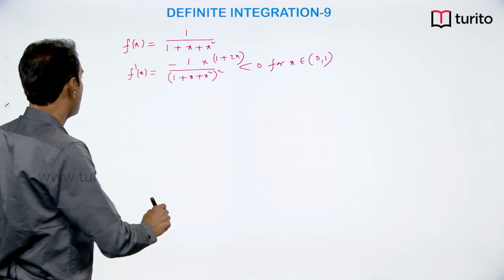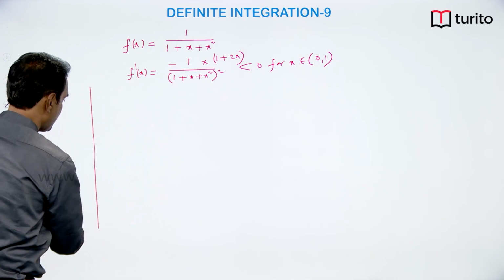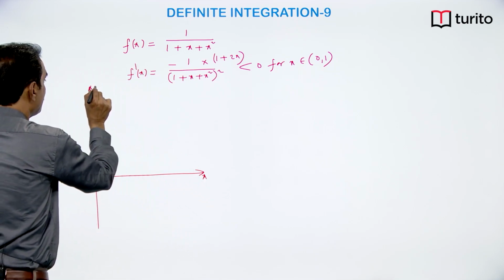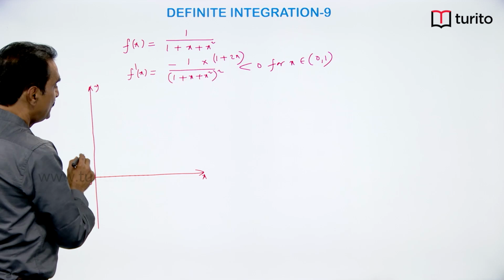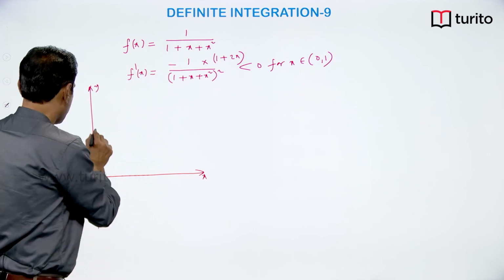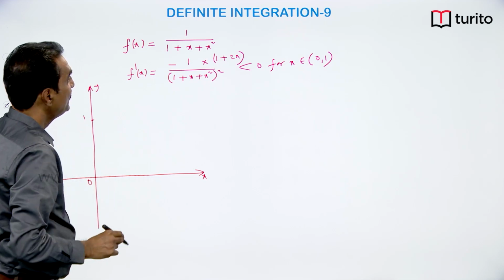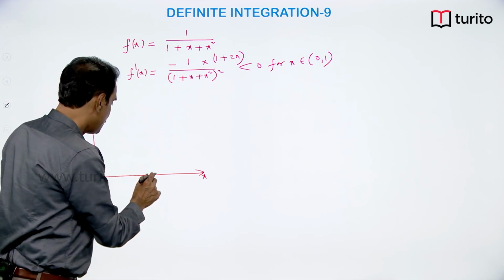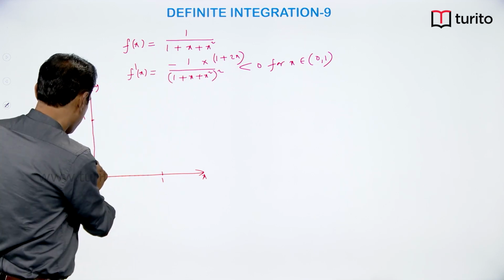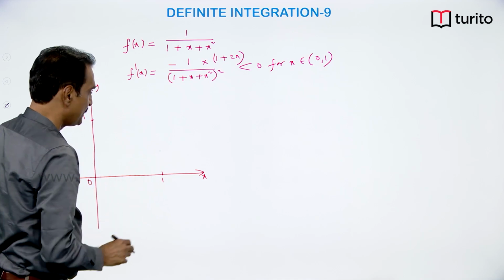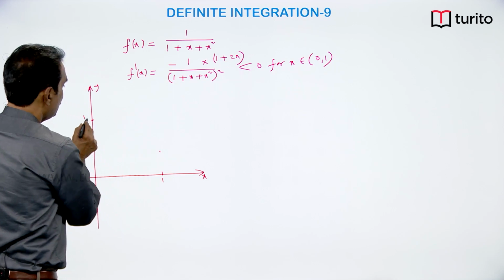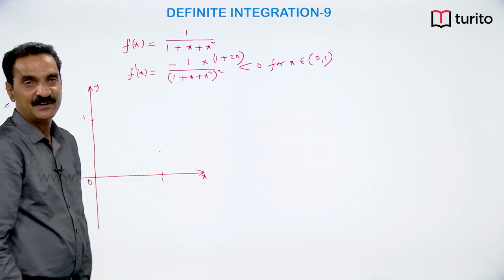So, if you draw the graph, at 0, what is the value of the function? F of 0 is 1. I will take 1 here. Next, at 1, what is the value of the function? 1 by 3. 1 by 3 will be around here. Now, what is the direction of concavity?